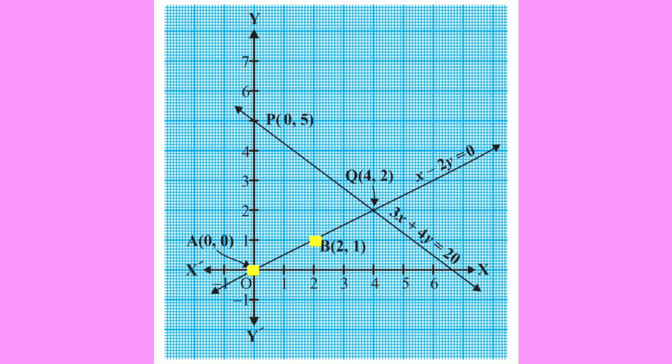Similarly, points P(0, 5) and Q(4, 2) are plotted and the line 3x plus 4y is equal to 20 is drawn considering these two points. You can see that these two lines intersect each other at point R, which is the only point of intersection. That is, lines AB and PQ representing the given equations intersect each other at one point only, which is R.